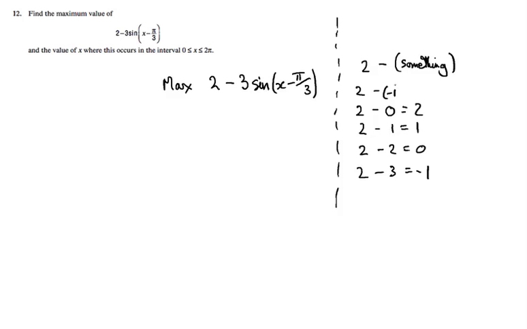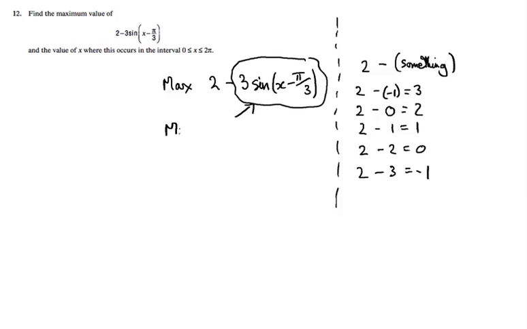Now, there's no harm in going negative. It would get even larger. So to make the maximum value of 2 minus something, we have to make that something as small as possible. So we're really trying to make this as small as possible, this part here.